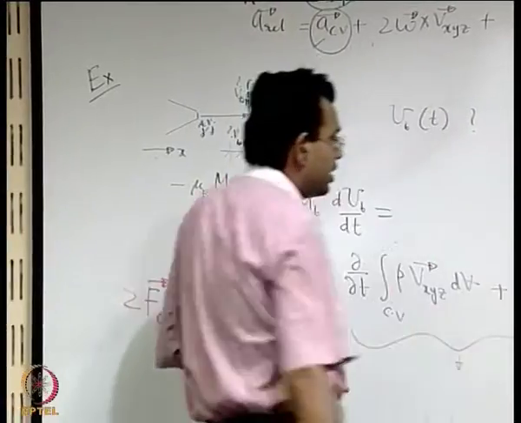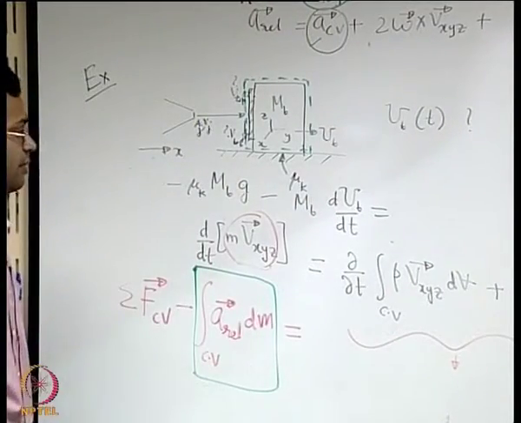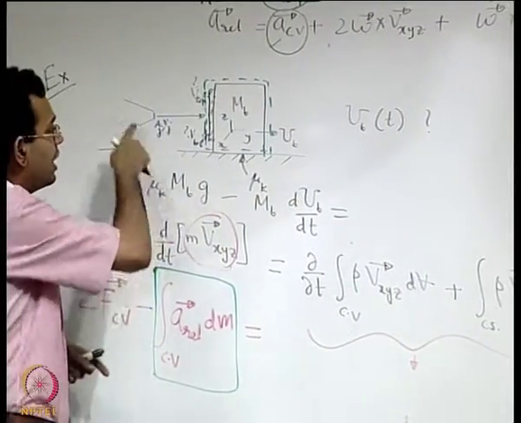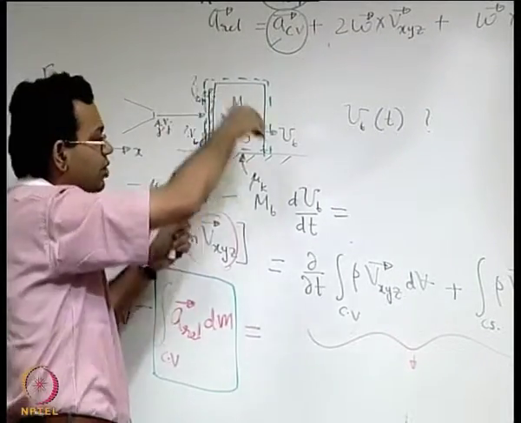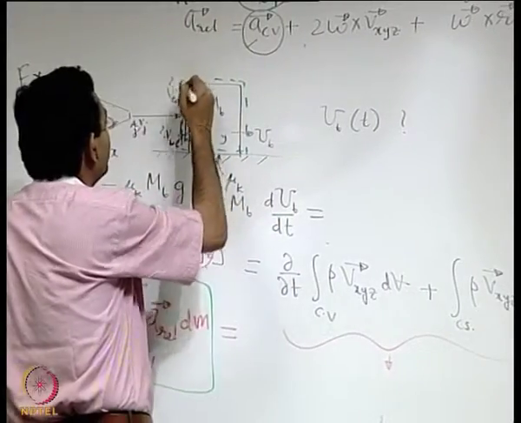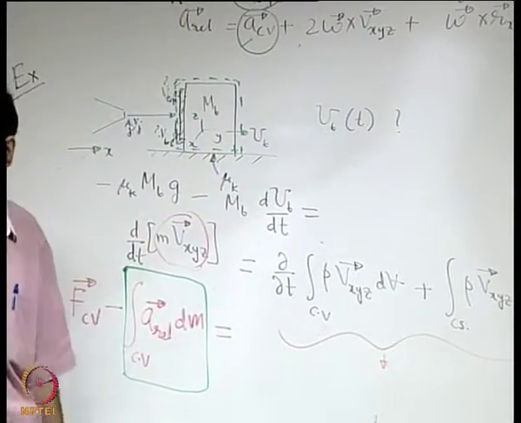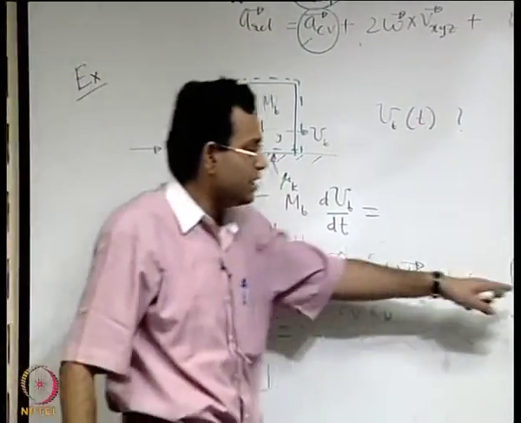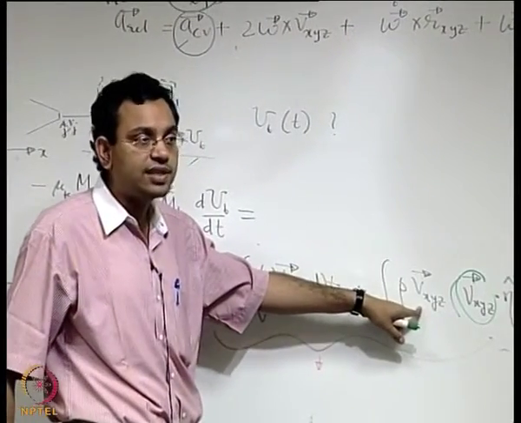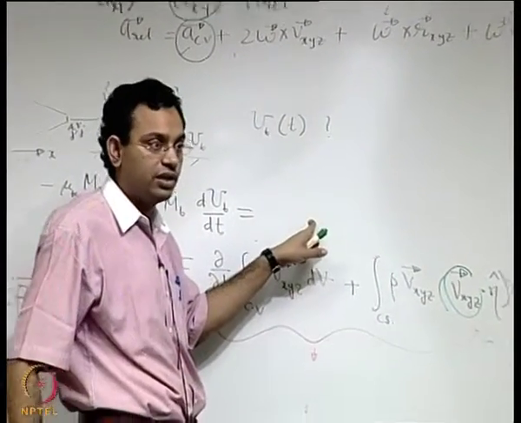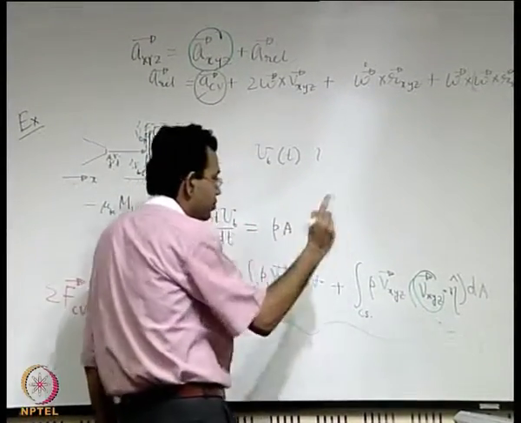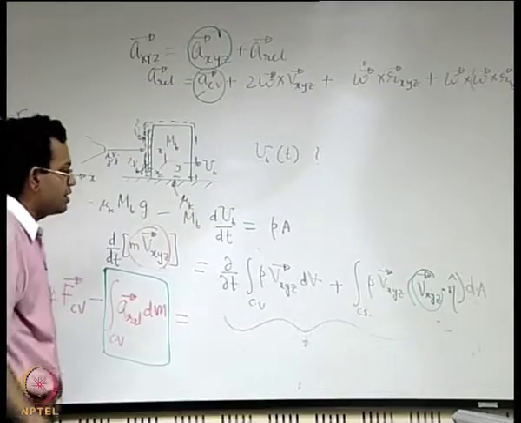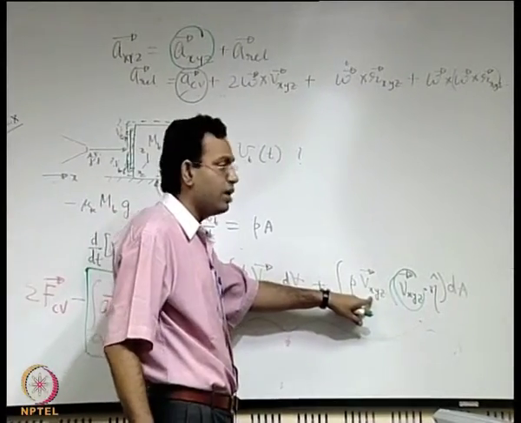And the final term will be what? See, here only the x direction is important, because in the y direction whatever goes out, there are outflow boundaries, but those are not along x. So if this velocity has a component along x, only that will remain for force calculation along x. So that will be rho A into what? You can straight away write it, what is V small xyz?